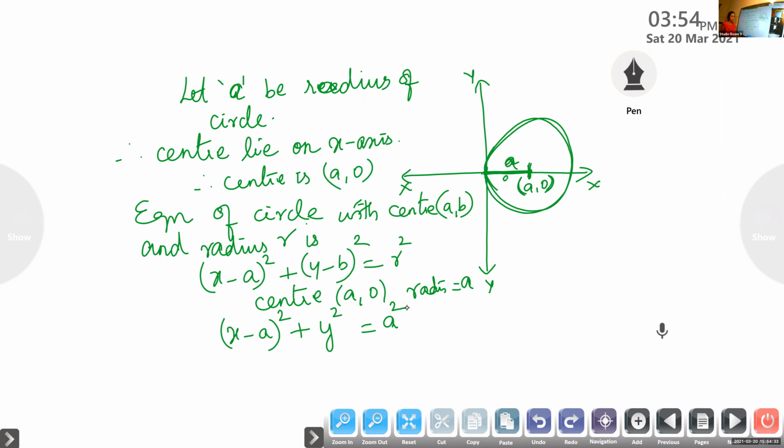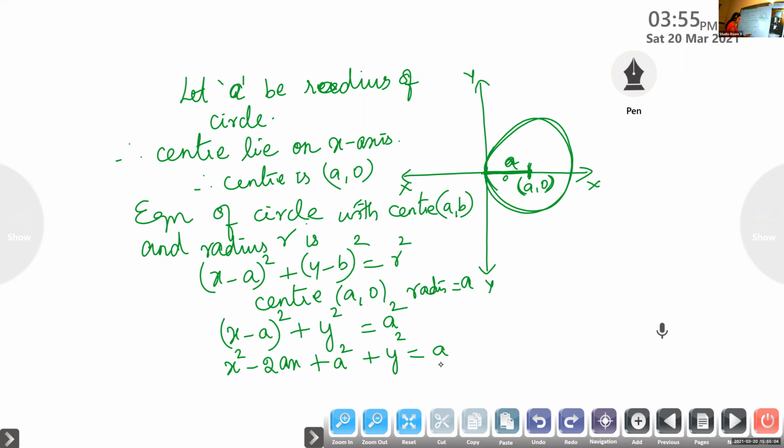So now look here. How many constants are there? Only one constant, and that same constant is repeated twice. Now this is similar to the previous question. We have x minus a the whole square. You expand it: x square minus 2ax plus a square plus y square is equal to a square.